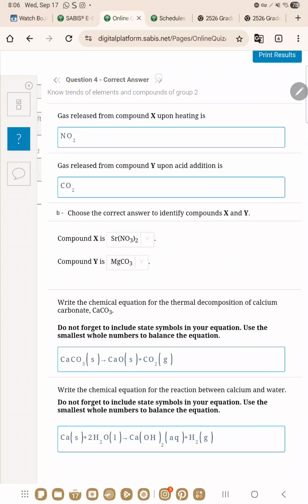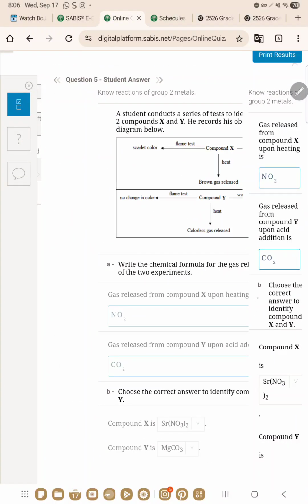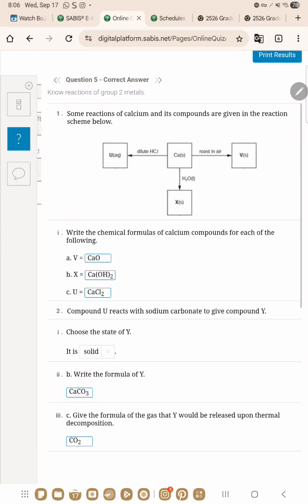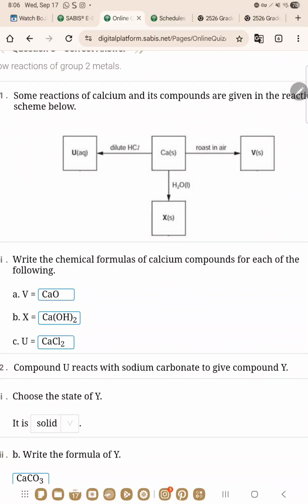Now moving on to our next question. Okay, so you have a gas Ca. What happens to the gas Ca when you add it to dilute HCl? It's going to form CaCl plus H2 gas.